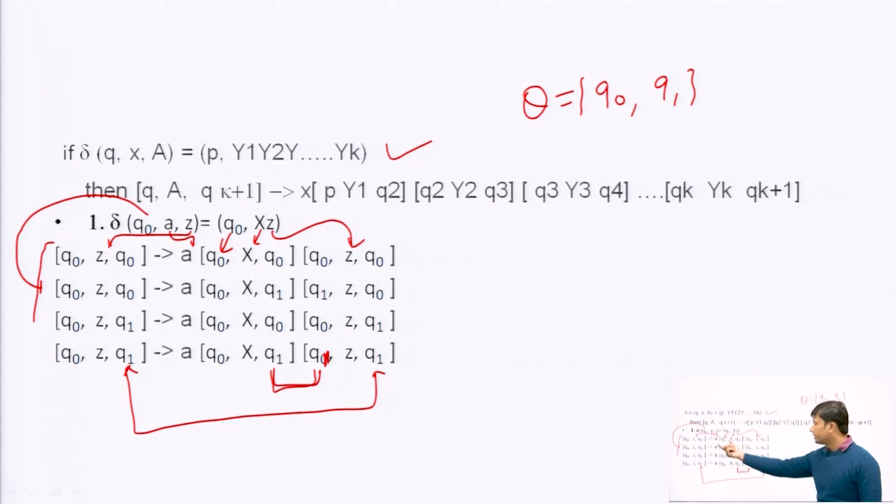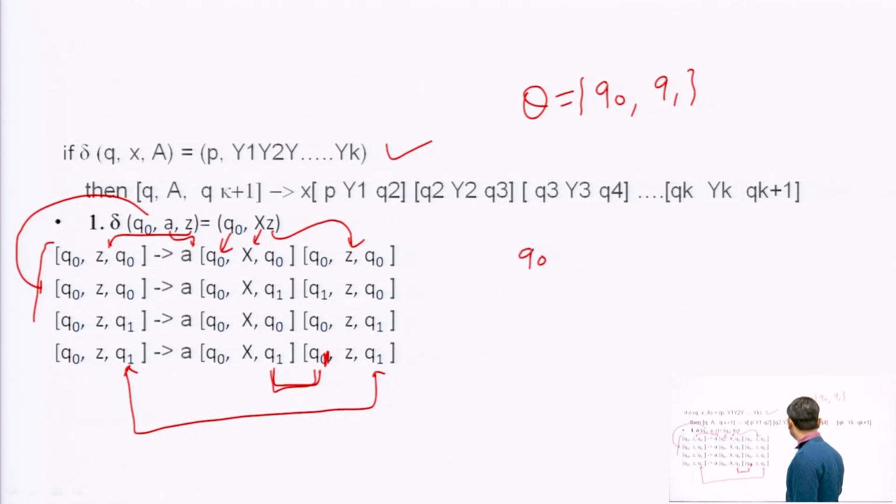So these are non-terminals, all are single variables, q0. Already I have told you that whatever you have written in square brackets, these are variables. Suppose you can say this is variable q0.